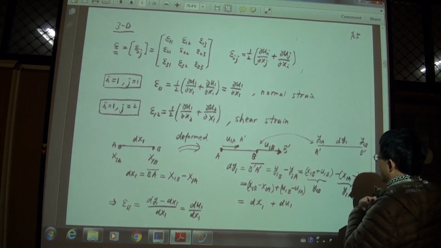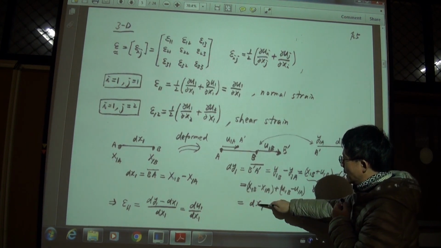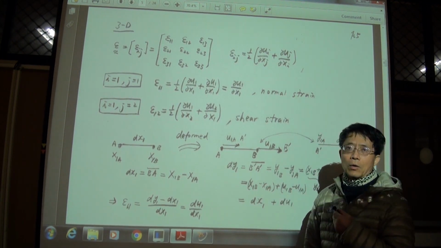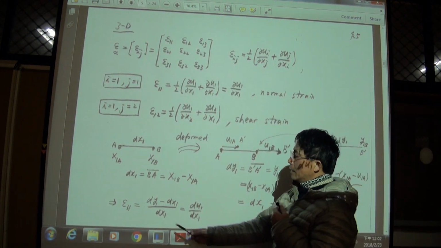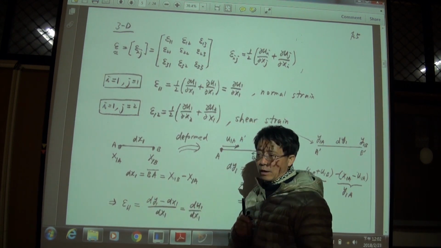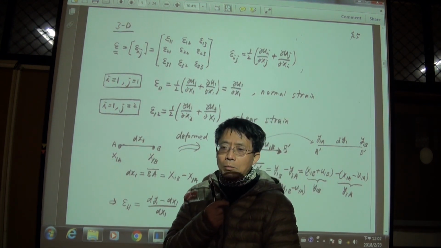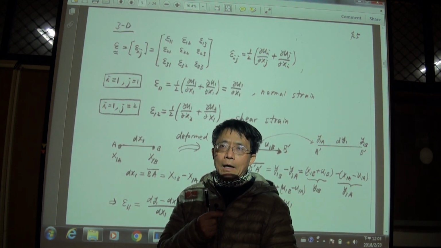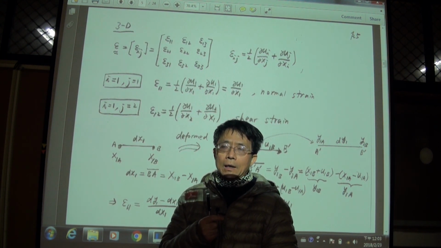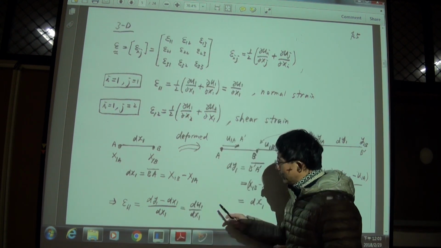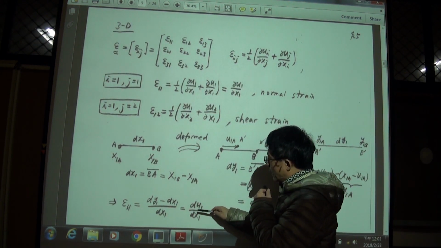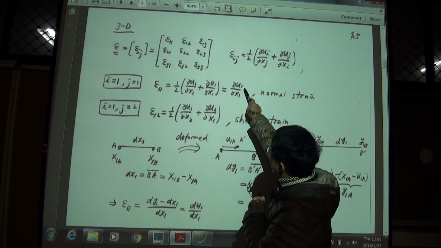So y1 minus x1 equal to u1 here, divided by the original material length. So what is the physical meaning of the normal strain? It is the ratio of the displacement difference to the original material length. So we have epsilon 11 equal to this, and then we write like this.